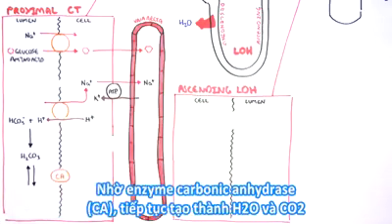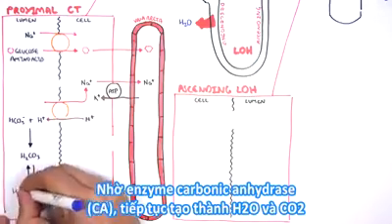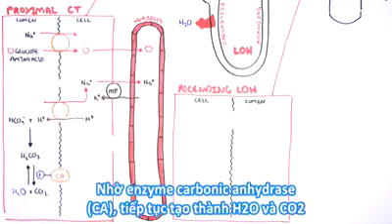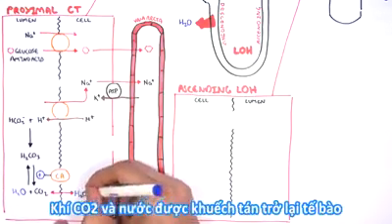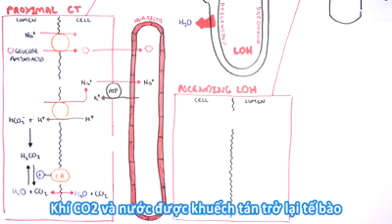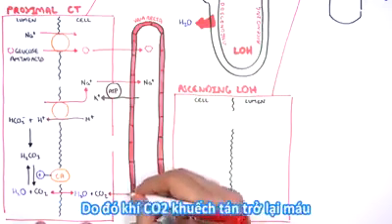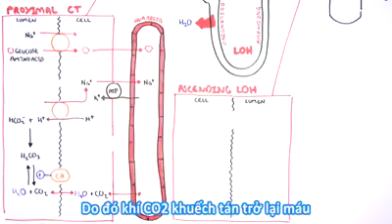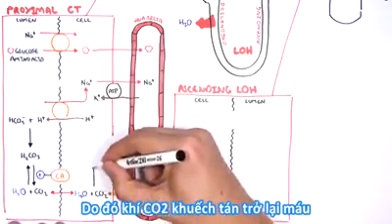Through the enzyme carbonic anhydrase, or CA, carbonic acid gets converted to water, H2O, and carbon dioxide, CO2. Carbon dioxide is a gas which can diffuse back into the cell. Water is also present inside the cell, and carbon dioxide can diffuse back into circulation because it's a gas.